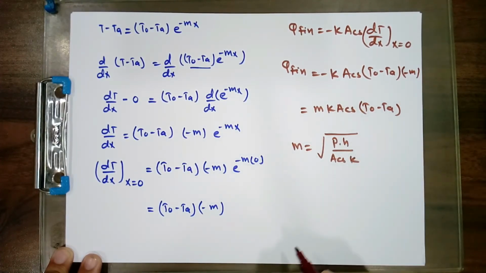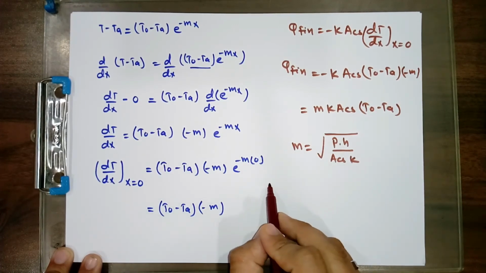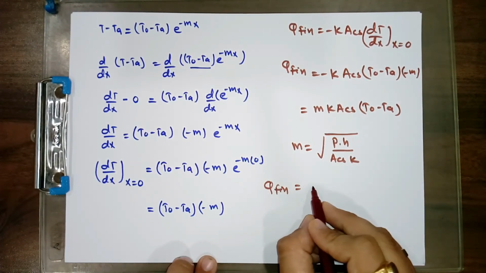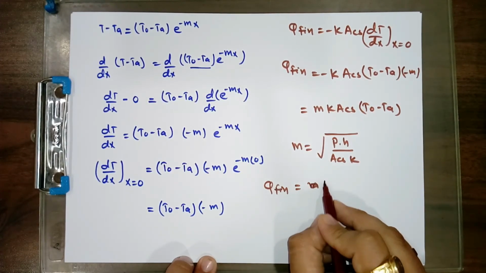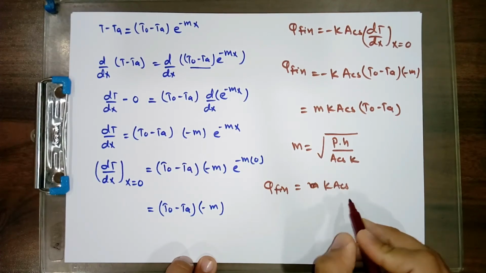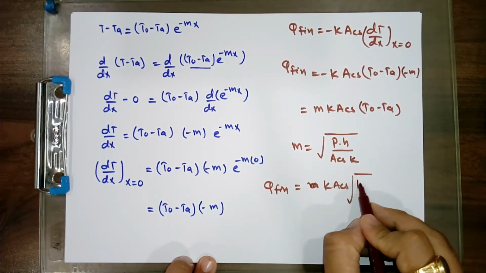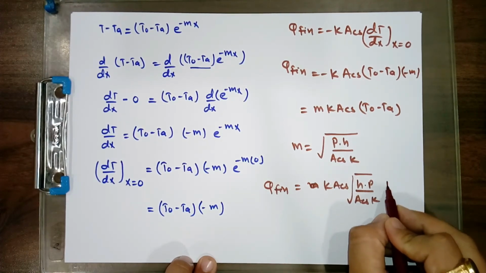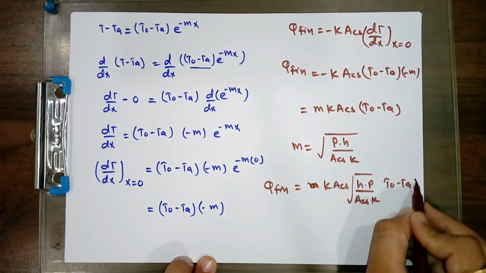So we put in this value, and we get Q fin equals m, which equals K into ACS under root of h into P upon ACS into K into T naught minus TA.